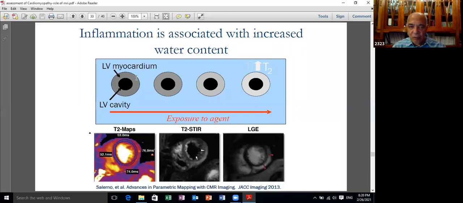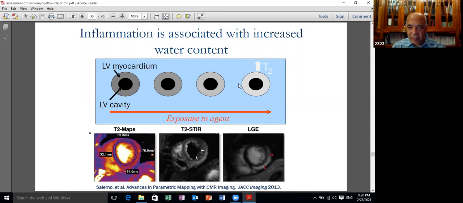Remember, T2 is the time for the dephasing of the protons. And as a result, if you get anything which lengthens that time, you get more signal and more brightness.